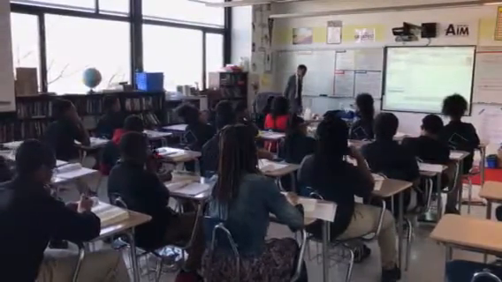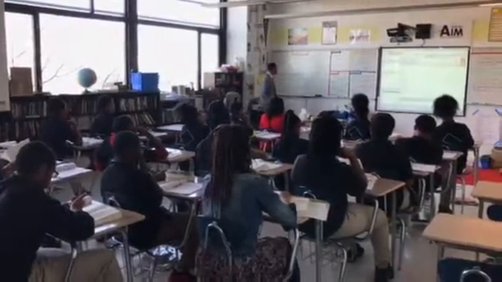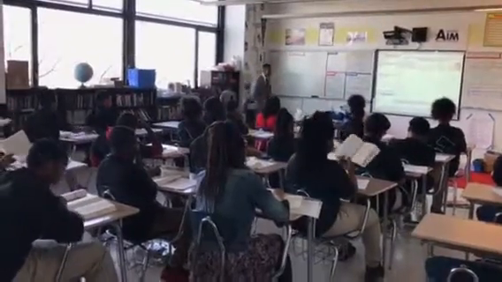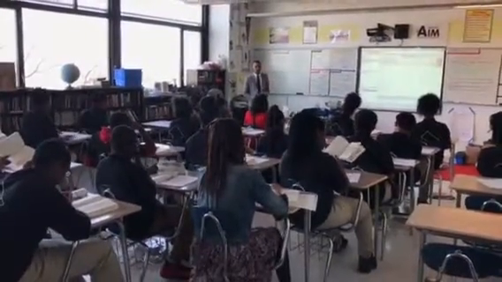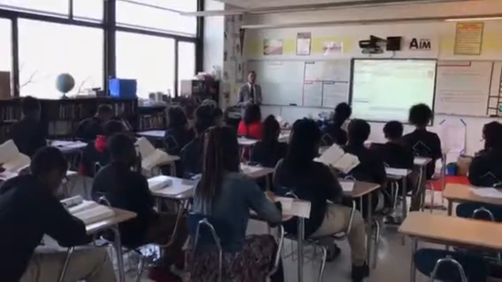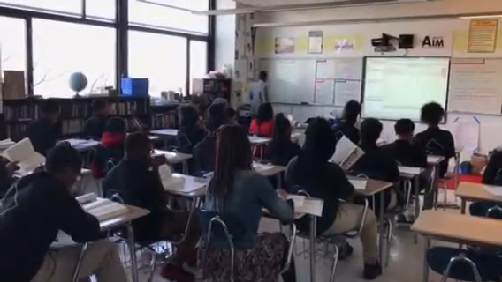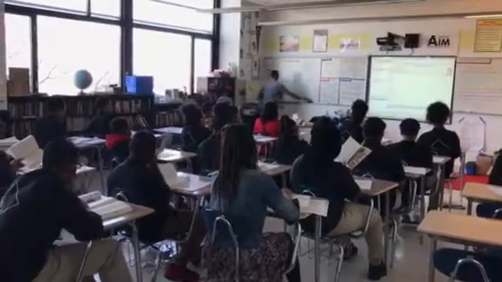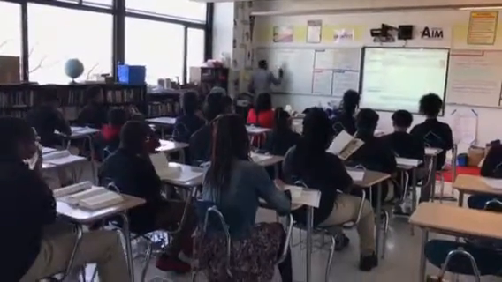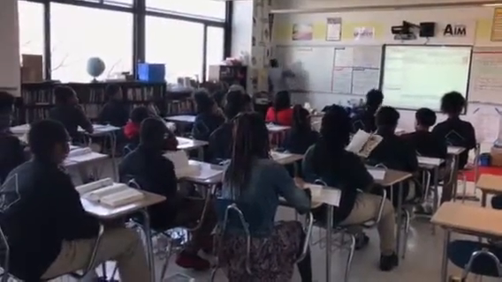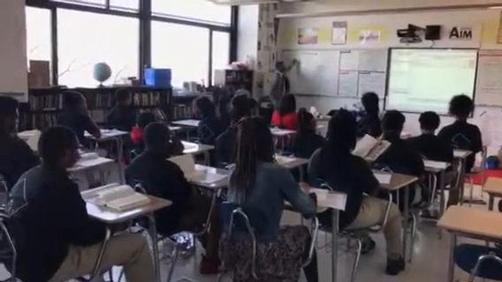All right, so everybody should be on page 129, and I want you to think about what Mr. Pollan's purpose is in this particular section. Now, everybody remembers author's purpose, right?